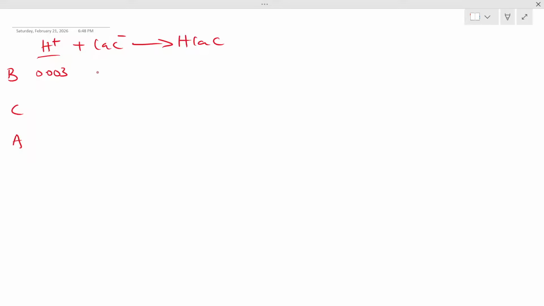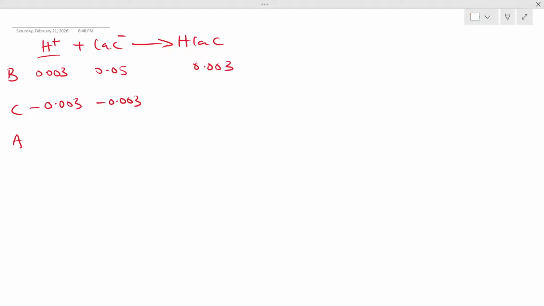Now the concentration that we're given for your H, which is your acid before, is what? 0.003. For your lactate is 0.05. Okay, and for your acid, what you have is what? 0.003. Okay, so now the change in this is that this will minus 0.003, minus 0.003 change.